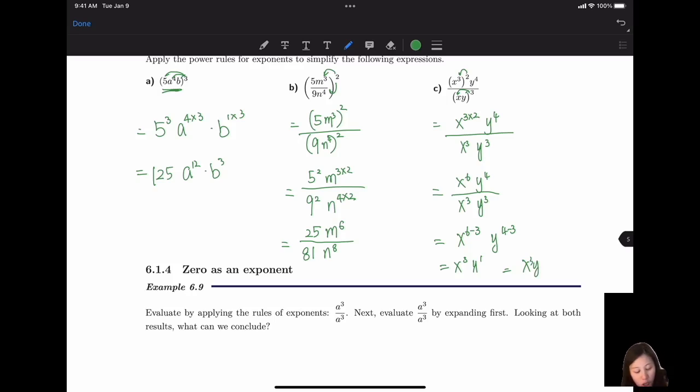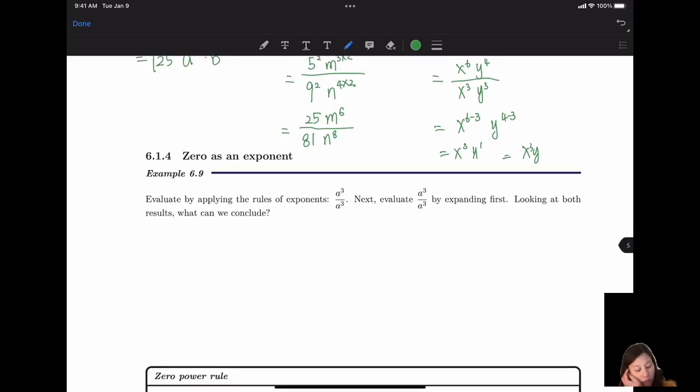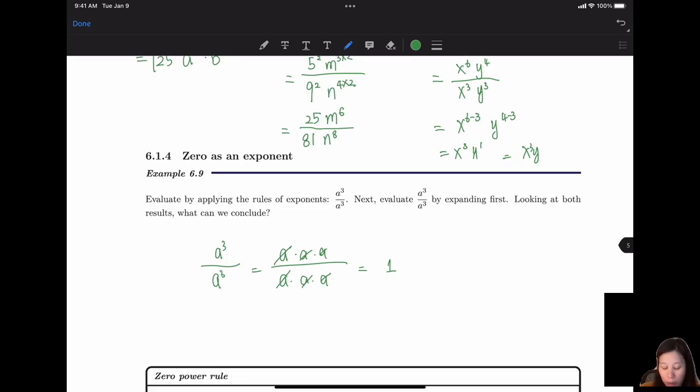For this one, evaluate by applying the rule. a to the third over a to the third equals what? a times a times a over a times a times a, which can cancel everything. What's left is 1. So that means what?